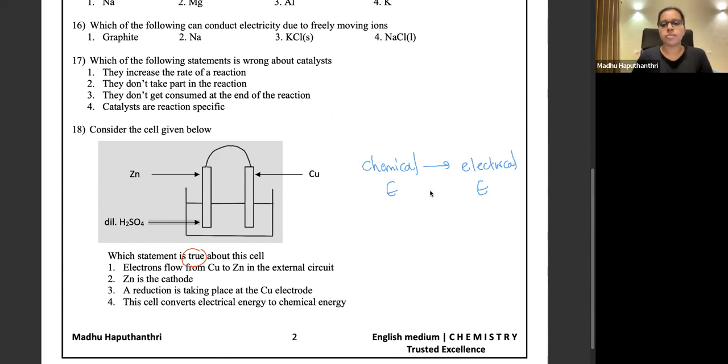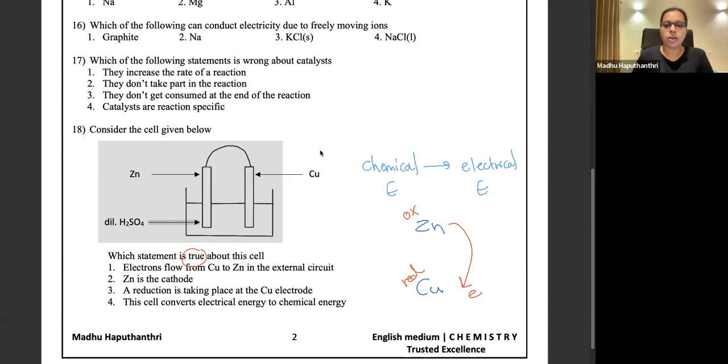When you place them in the activity series, zinc is at the top, copper at the bottom. I said electrons flow like water, top to bottom. So zinc is undergoing oxidation. At the copper electrode, reduction will be happening.